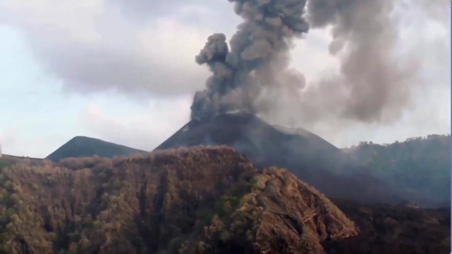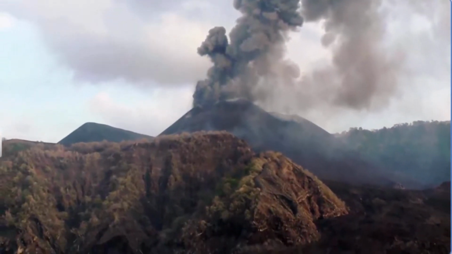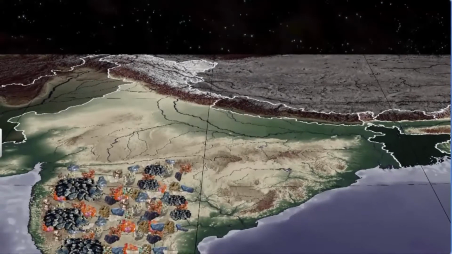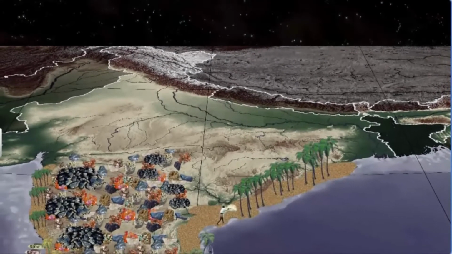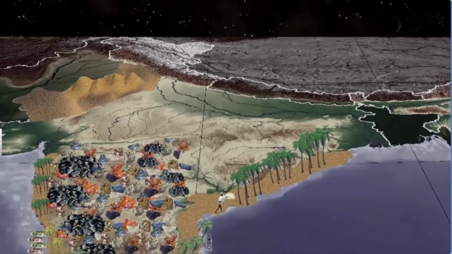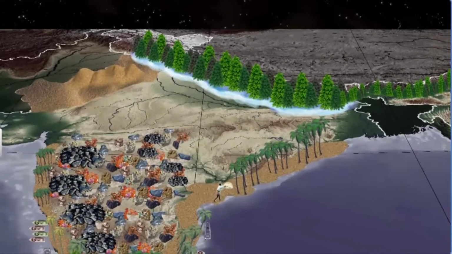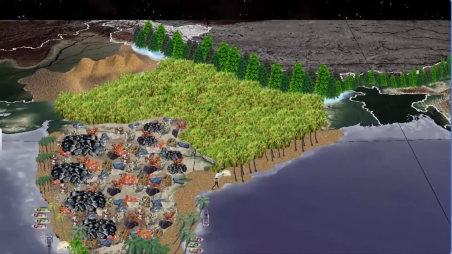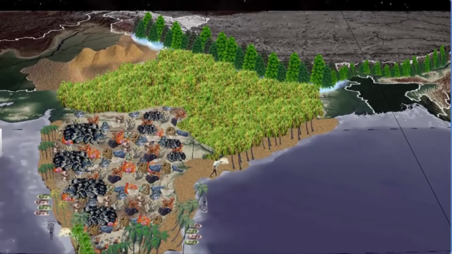Each physiographic unit of India complements the others by providing valuable natural resources to the country. Let's take a moment to recollect the contribution of each unit to the development of the country.